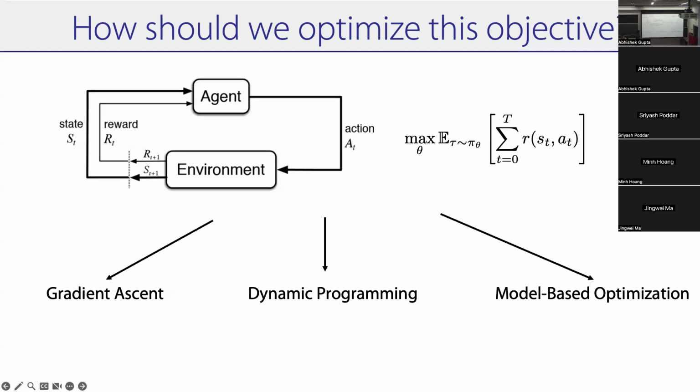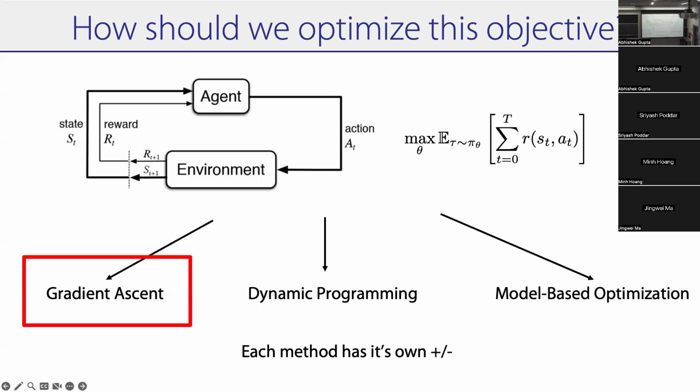We try to just take this objective and take the gradient of it. There's dynamic programming, which we'll cover next time, which is Q learning, actor-critic, and these methods that try to use the Markov structure of your problem. And then there's model-based optimization, where you try to learn an approximate model of your environment and use that to optimize your reward. And we've been focusing on gradient descent so far.